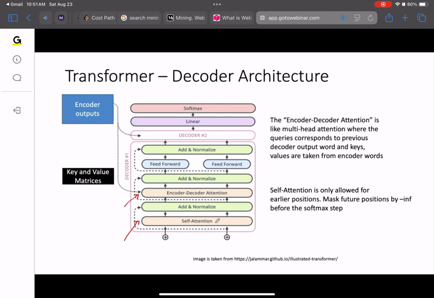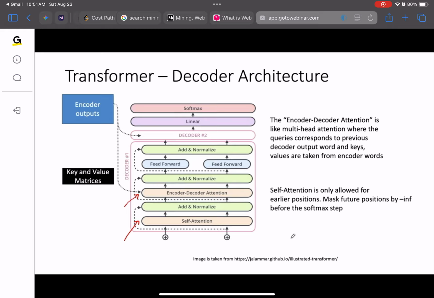So the self attention that we see here is similar to what we have seen earlier in the encoder model, except for the fact that in the decoder, the words are generated one word at a time. So we cannot use the entire output reference sentence that we have to generate the self attention. That is not possible because in the decoder, we typically generate one word at a time.